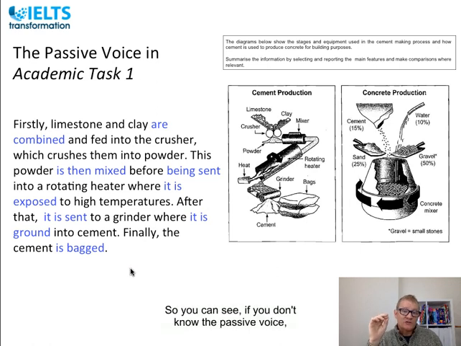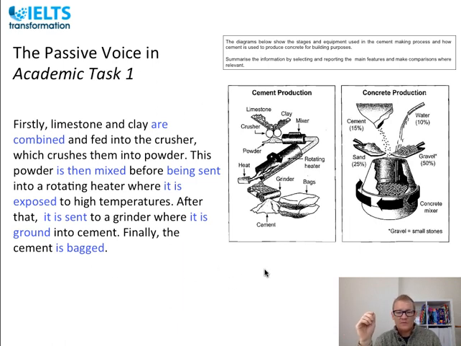So you can see if you don't know the passive voice, or you're not good at it, this process will be almost impossible, because we don't know who is using the machines.